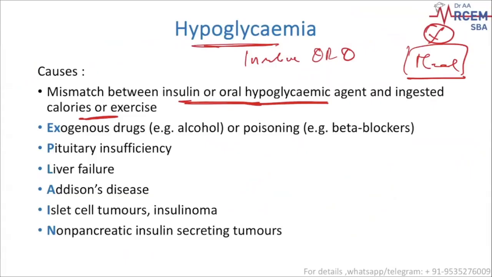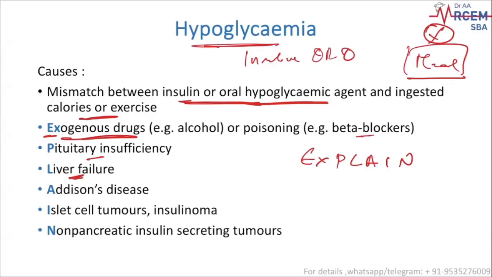What are the other not so common causes, which can be remembered with a mnemonic known as EXPLAIN, where EX stands for exogenous drugs. Okay, exogenous, like if you consume a lot of alcohol, you can go into hypoglycemia. Beta blocker overdose, like propranolol or bisoprolol overdose, can cause hypoglycemia. Pituitary insufficiency.